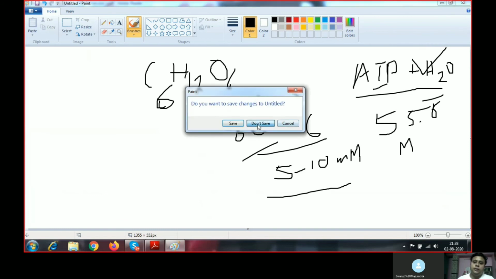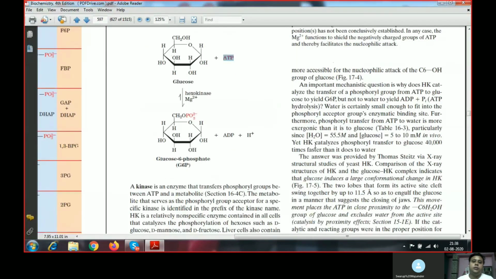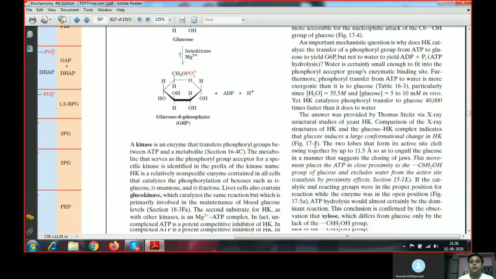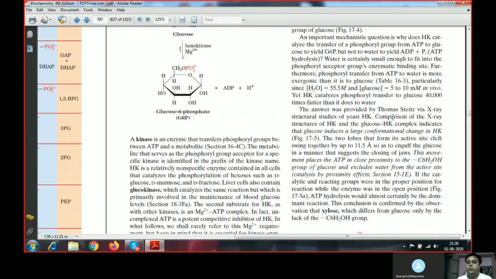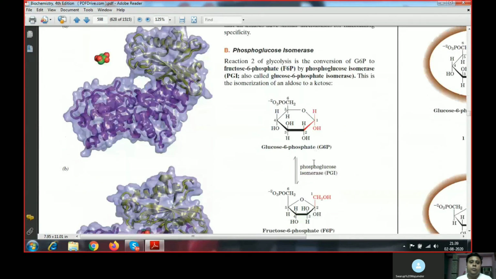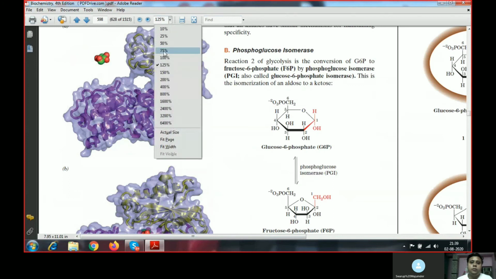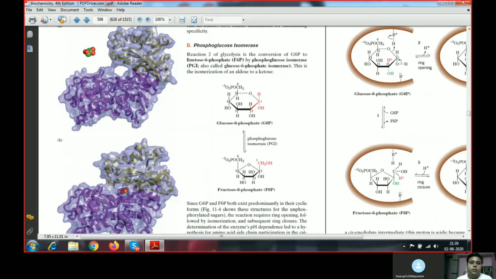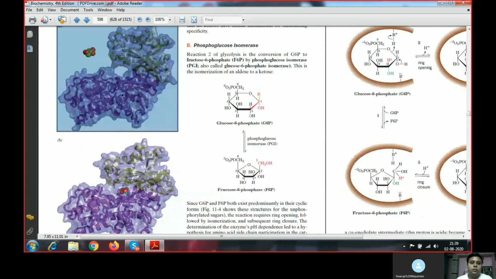The answer is the structure of hexokinase. The answer was proposed by Thomas Steitz through X-ray crystallographic structure, and what he found was that he compared the structure of hexokinase with and without glucose. You can see this is the structure of the hexokinase molecule, and this is the glucose molecule.